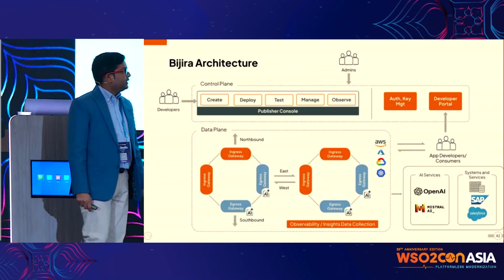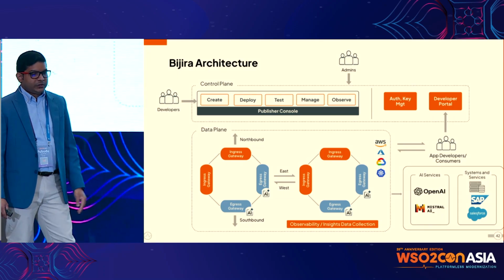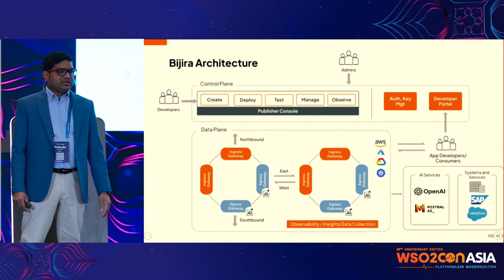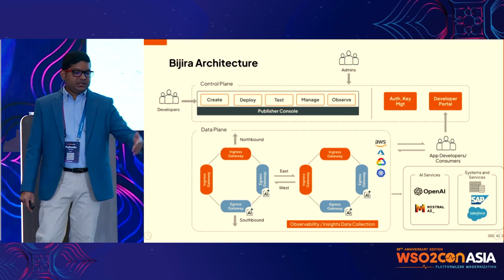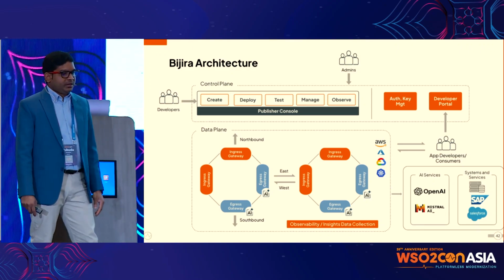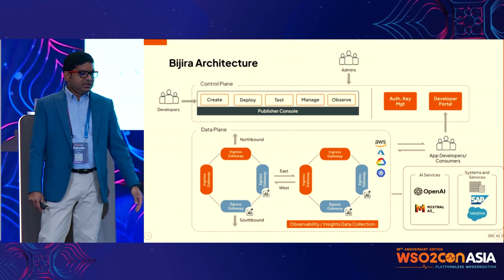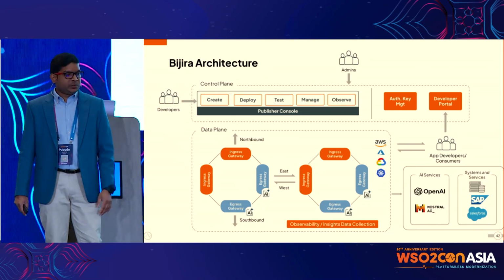Right, so let's move to the Bijira architecture. We have the control plane, which has the API creation, deploy, test, manage, and observe functionality when it comes to APIs. And then we have the authentication, key managers, and the developer portal as well.